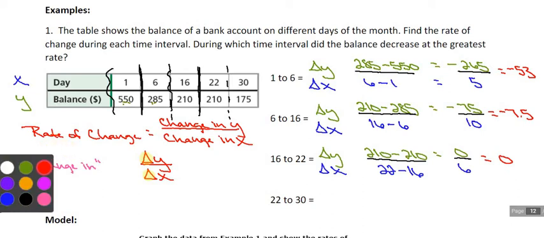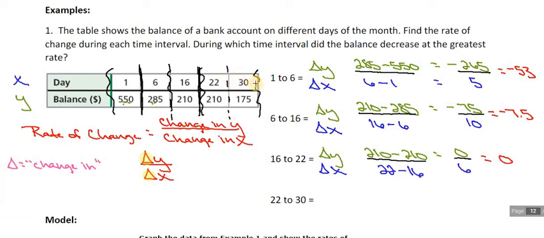And then for our last interval, from day 22 to day 30, my delta y, my change in y, we went from $210 to $175. So 175 minus 210 gives me negative 35, over my change in x, delta x.